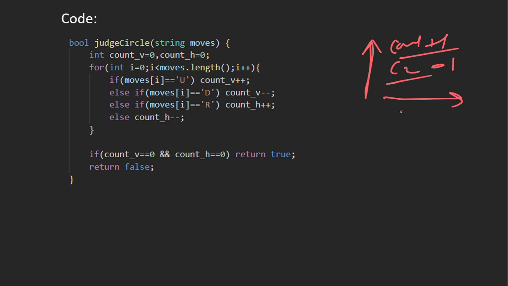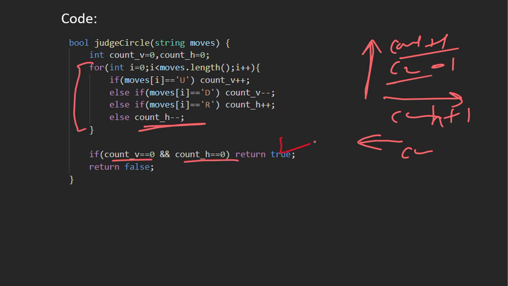Similarly, in the right direction, we increase the horizontal displacement by 1, and if you are moving in the left direction, we decrease the horizontal displacement by 1. At the end, if the vertical and horizontal displacement are both 0, then we return true, else we return false.